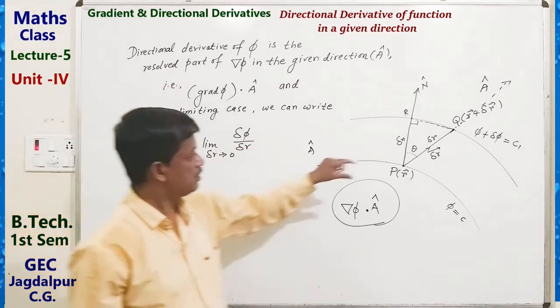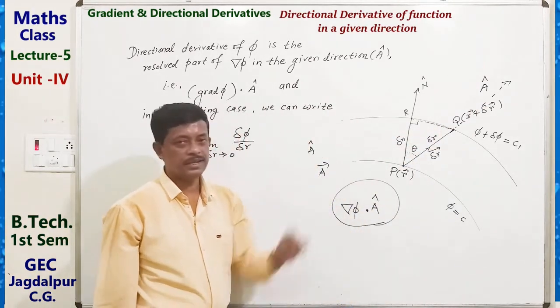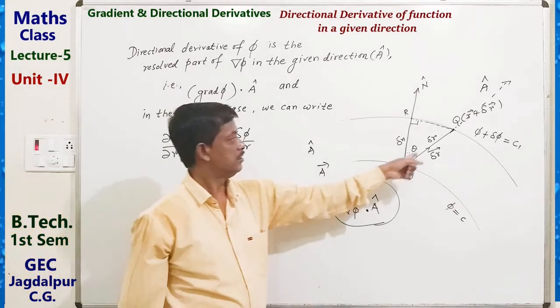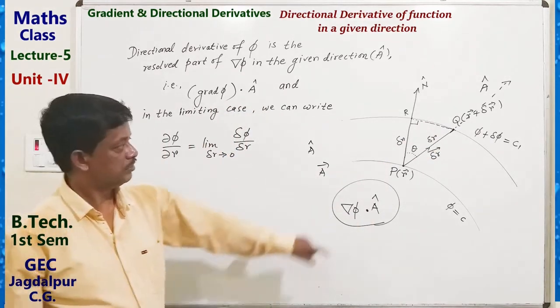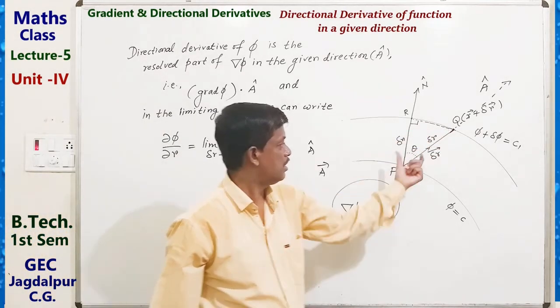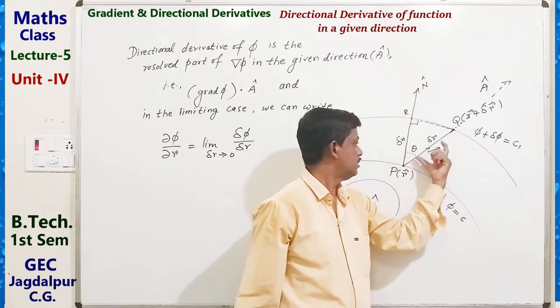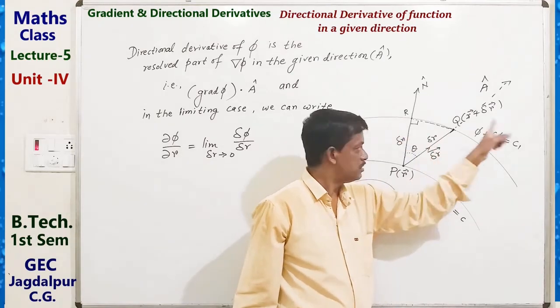Delta r is what? This distance in the direction of a cap. Clear? And delta phi: in this direction, up to this distance, the value of phi is increased by delta phi.